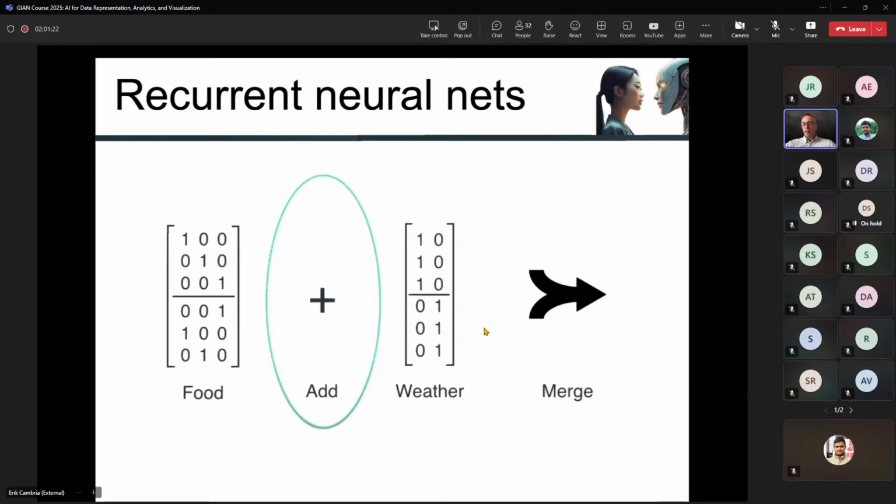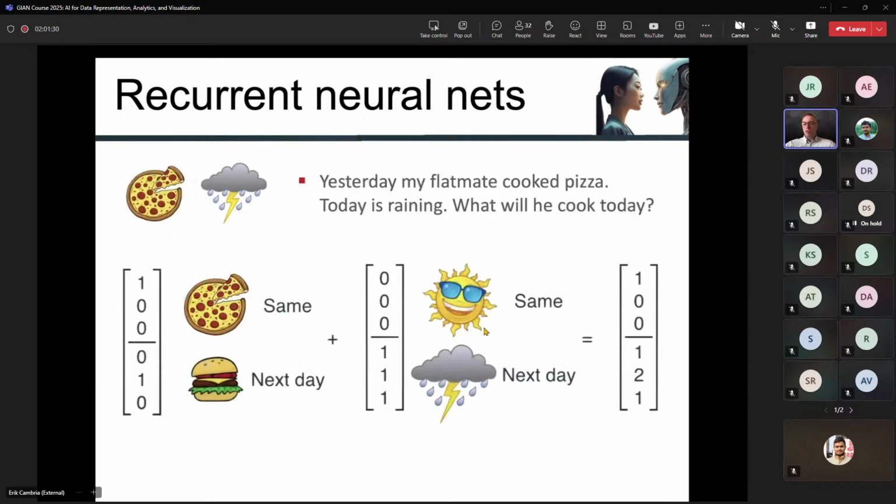Then I do an add operation to put together the objects of my action in the operating environment plus the condition, the weather, and this is how I can then answer questions like this. Yesterday, my flatmate cooked pizza. Today is raining. What will he cook today? So I have to add up these two matrices that I've just calculated, and then I get this 100121.